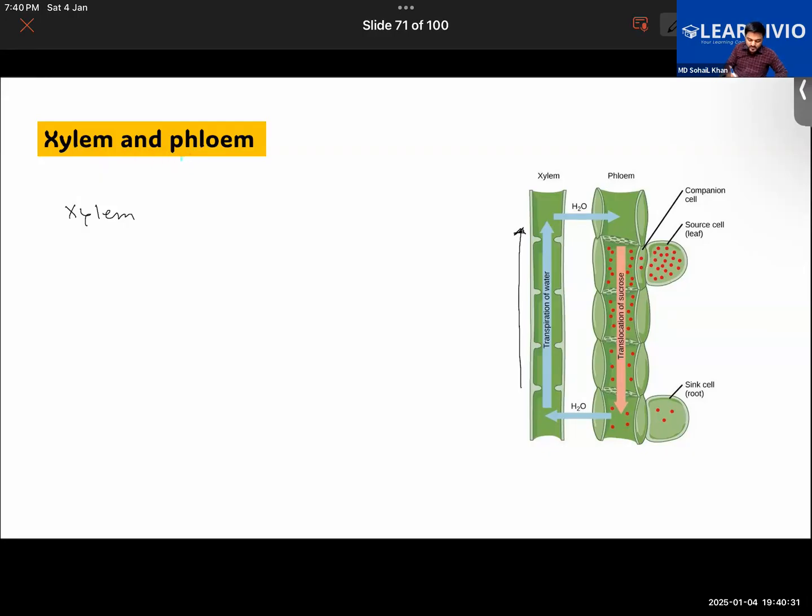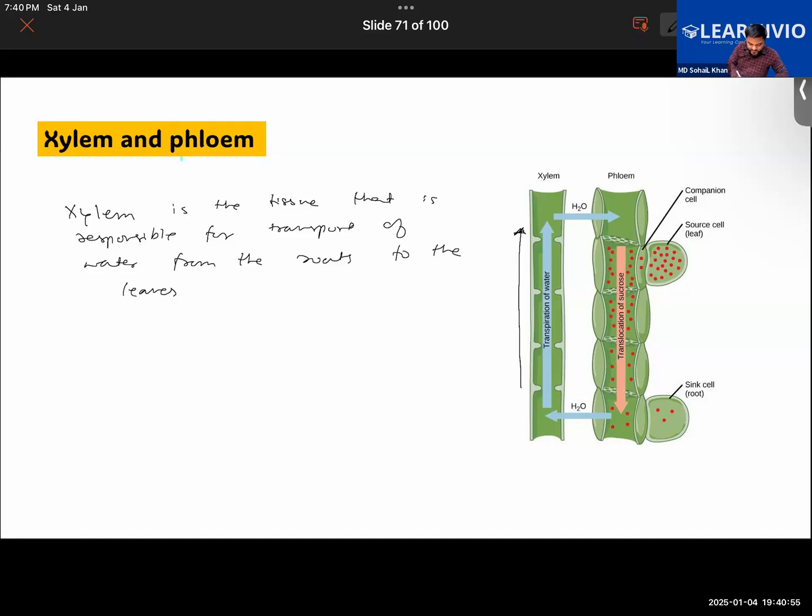Good. So, xylem is the tissue responsible for transport of water from the roots to the leaves.